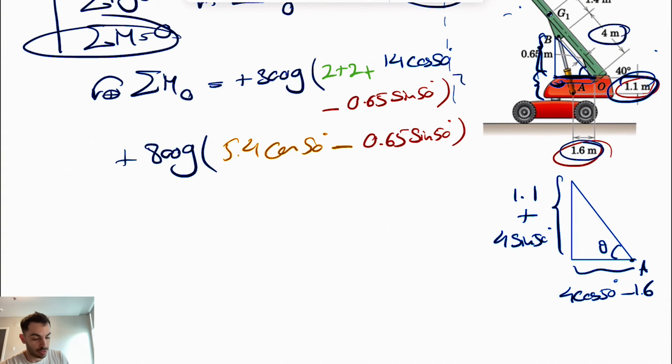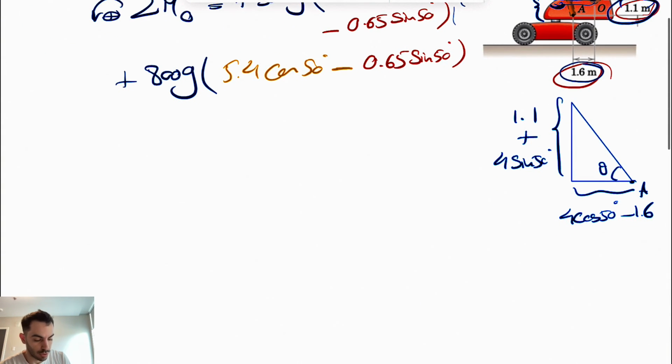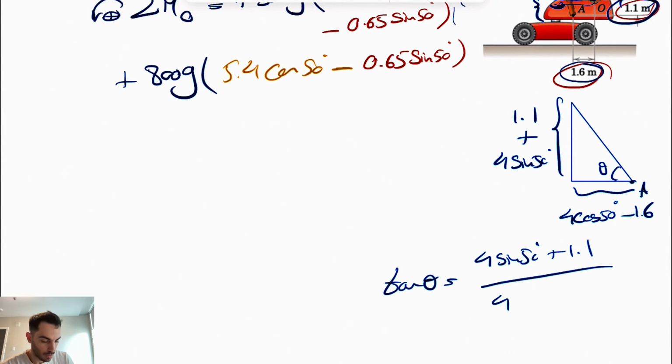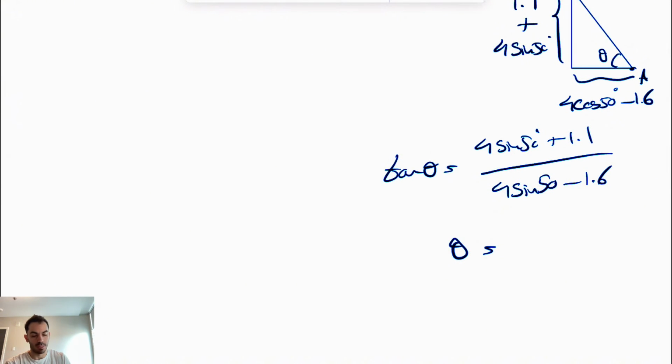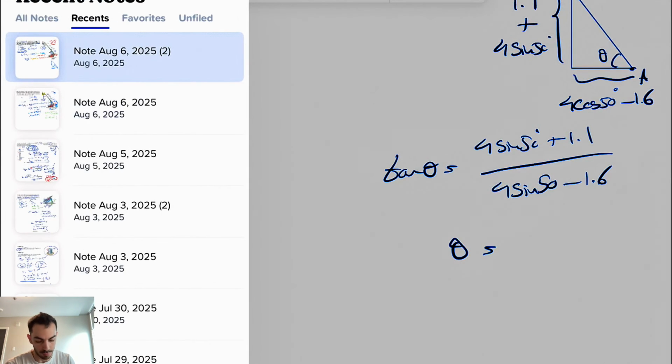So the angle theta should be pretty easy in here. We just have to find the tangent of theta, which is going to be the opposite over the adjacent. So let's just find theta would be the tangent inverse of this value.